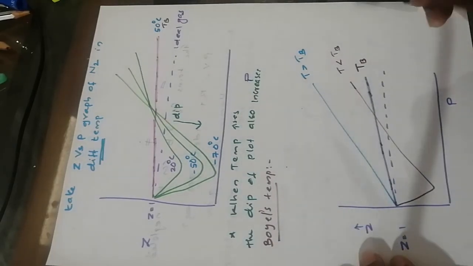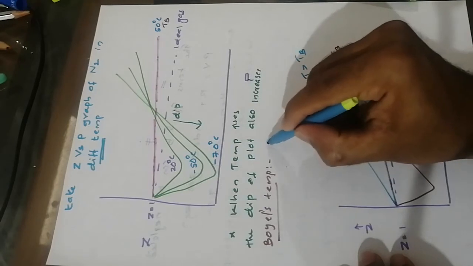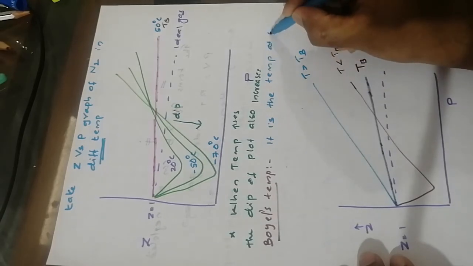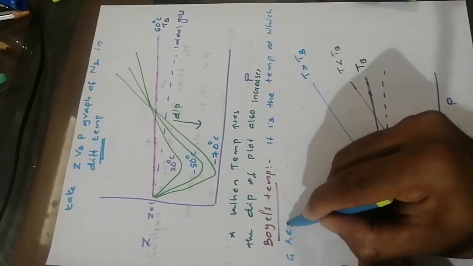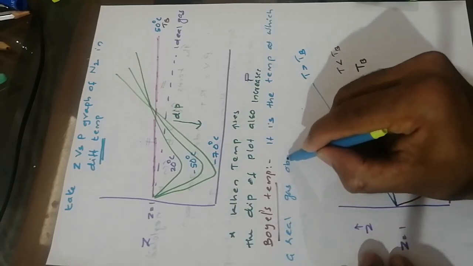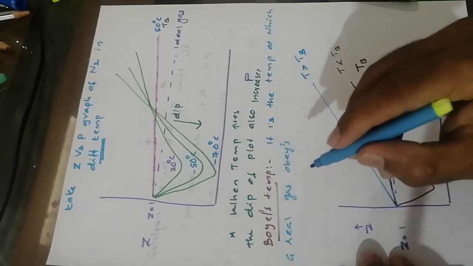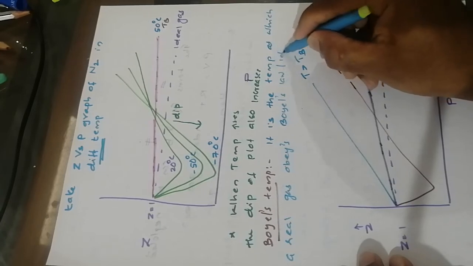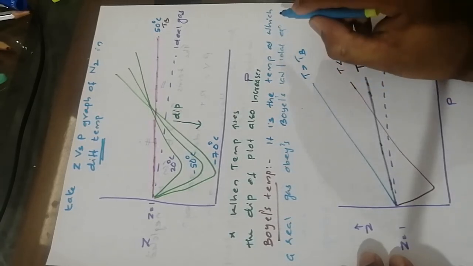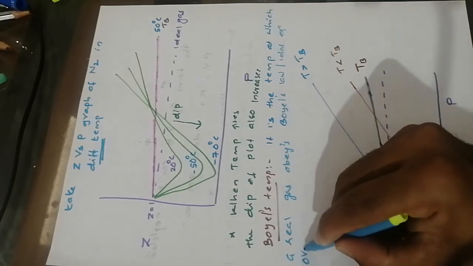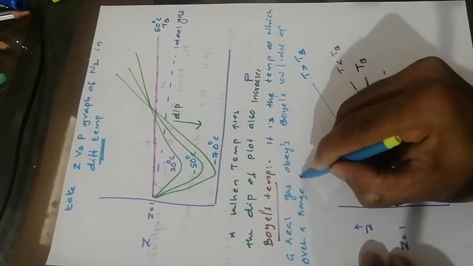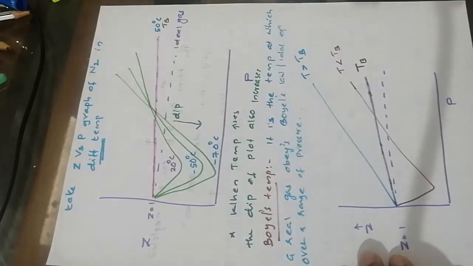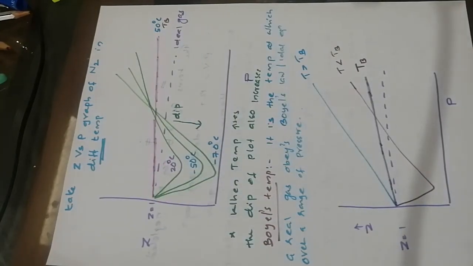What is the Boyle temperature? Very important point. It is the temperature at which a real gas obeys Boyle's law or the ideal equation over an appreciable range of pressure, a good range of pressure.